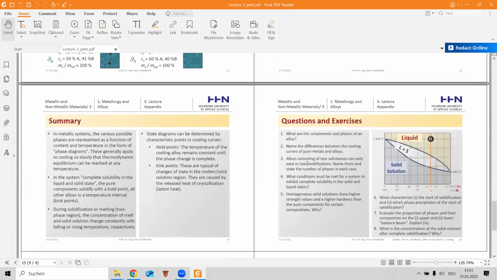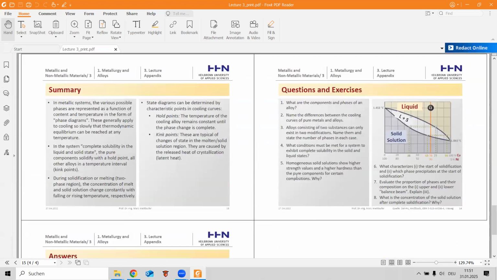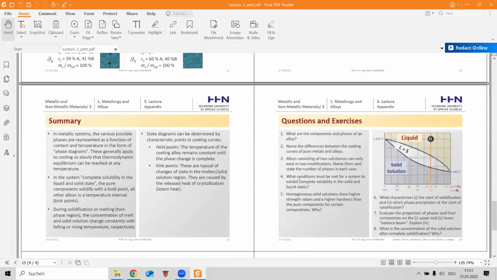Here's the summary. In metallic systems, the various possible phases are represented as a function of content and temperature in the form of phase diagrams. This is generally applied to cooling, as long as thermodynamic equilibrium can be reached at any temperature.